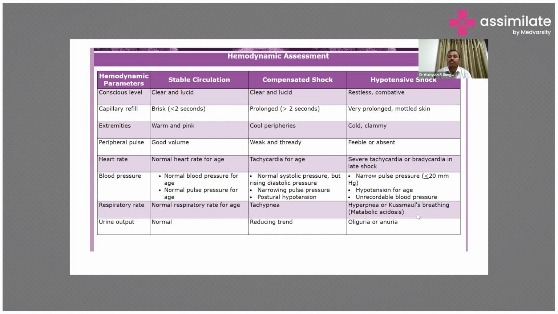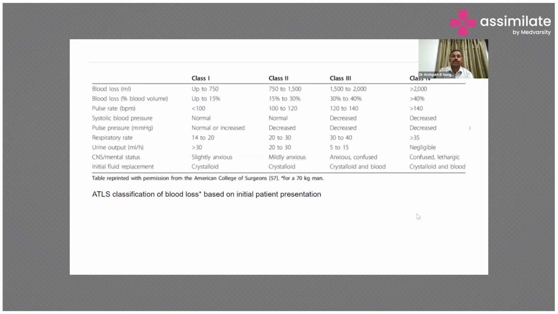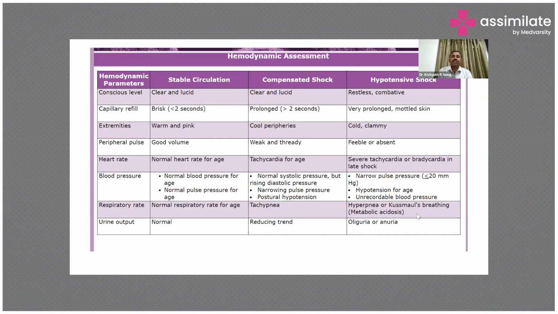The patient might land in metabolic acidosis because of shock, and there can be Kussmaul's breathing or hyperpnea, and oliguria and anuria can also be there. So these are the clinical features that we can assess and come to some conclusion if the patient is stable or in shock, either compensated shock or uncompensated shock.